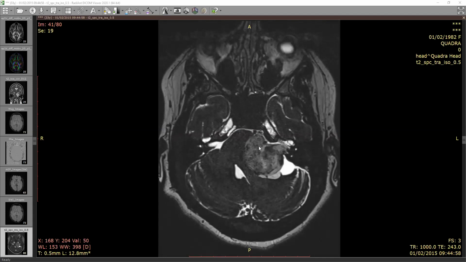But most important is that the intensity of the lesion itself is heterogeneous. Why heterogeneous? Because at some places there are areas of hypointensity. Remember, brain is isointense in MR and dense in CT.